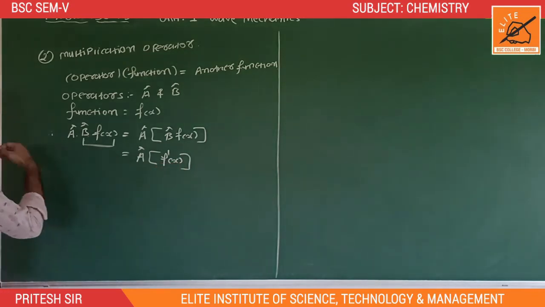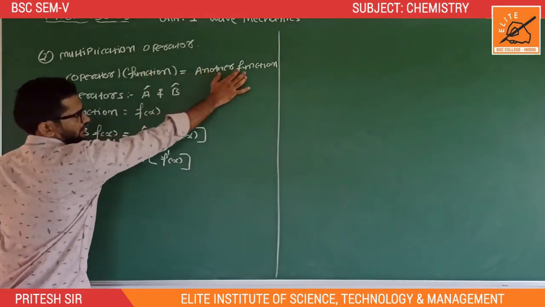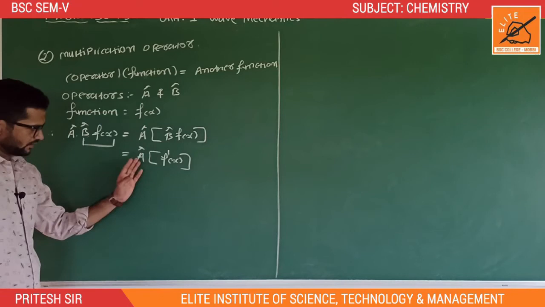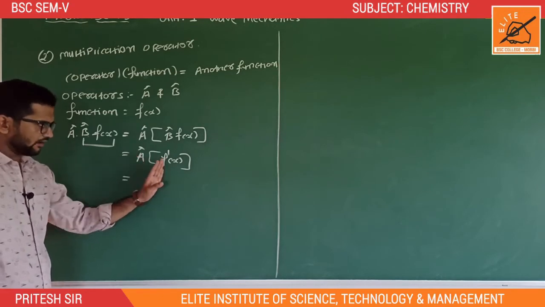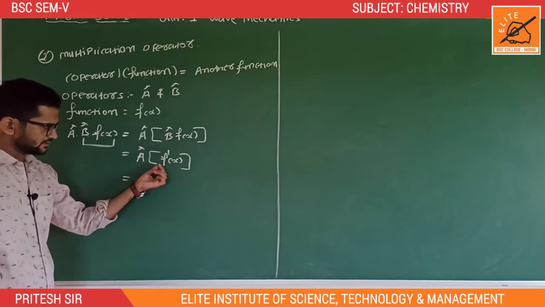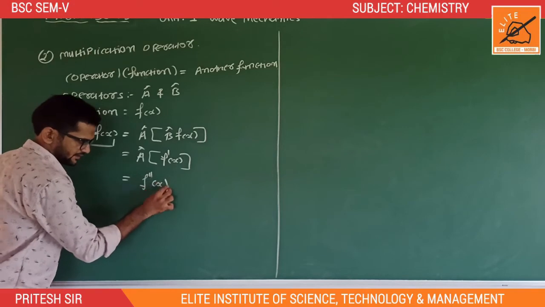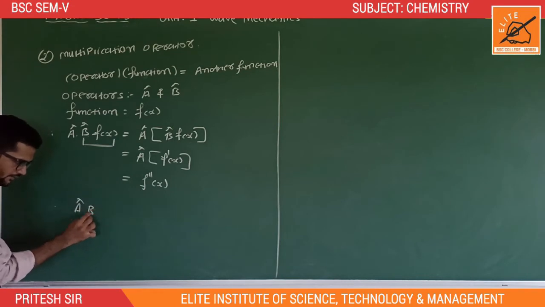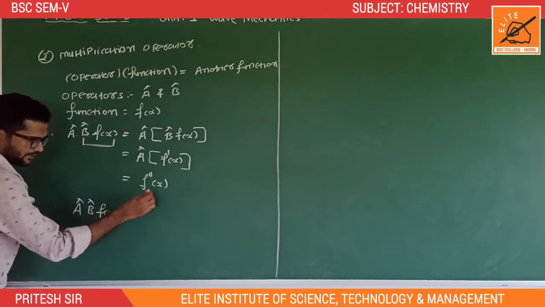So the role of an operator is to operate on a function and give another function. Now the operator A cap is operated on function f dash x and gives another function, suppose f double dash x. So A cap B cap f(x) is equal to f double dash x.